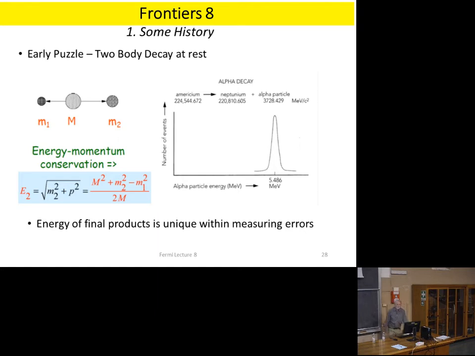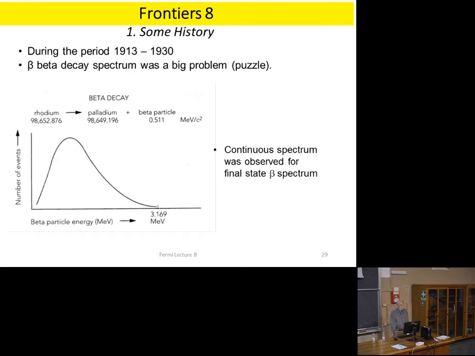Okay, and the early puzzle immediately was, if this involved what we thought, which is a two-body decay, which I've shown here, then I can calculate the energy of each of the particles, and they should come out at a unique energy with some error for what the different masses are. So the final products within the measuring error should be a unique energy. But instead, we get a spectrum.